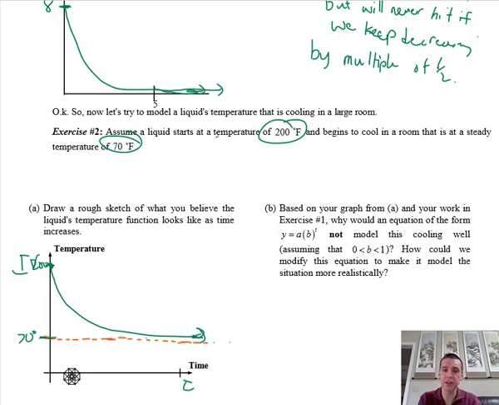So how could we model this more realistically? Well, we have this idea that y equals the initial value, right? We have some rate that it's changing. We don't know what this is. We'll call it a, and the time. But what happened to this graph? It was shifted up. It was transformed up.